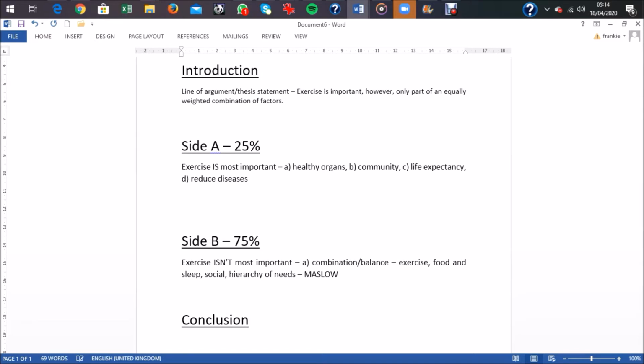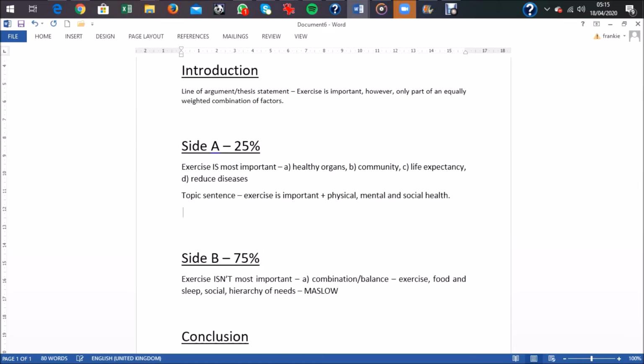So side A, you start with your topic sentence, and guys, the topic sentence is going to be saying something like exercise is important plus the summary of your argument in this paragraph. So let's say with physical, mental and social health. So let's say that's going to be the summary of that. So then after you've got the topic sentence, you can give further explanation.